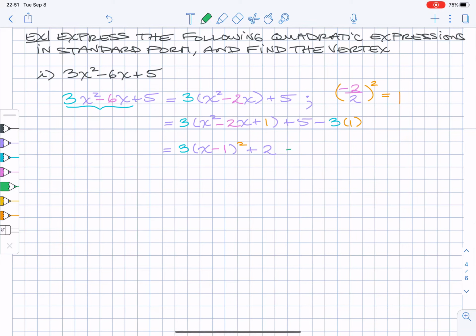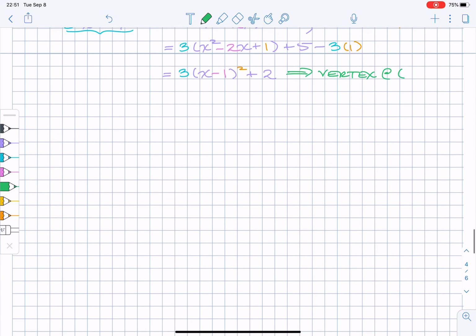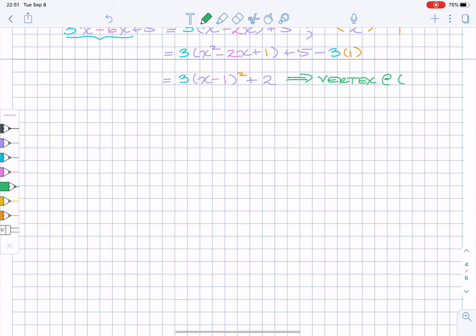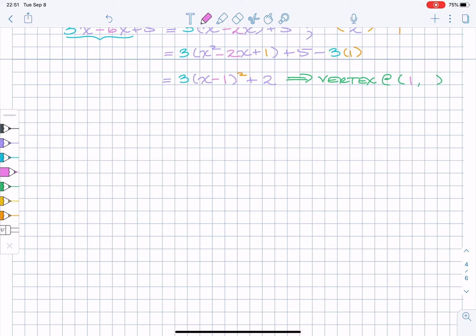So the vertex will be at h comma k, which for us is positive 1, because horizontal translation is counterintuitive, and 2. And I claim it's a min, because a is equal to 3, which is greater than 0, so I know that it's a U shape, so it's a minimum.